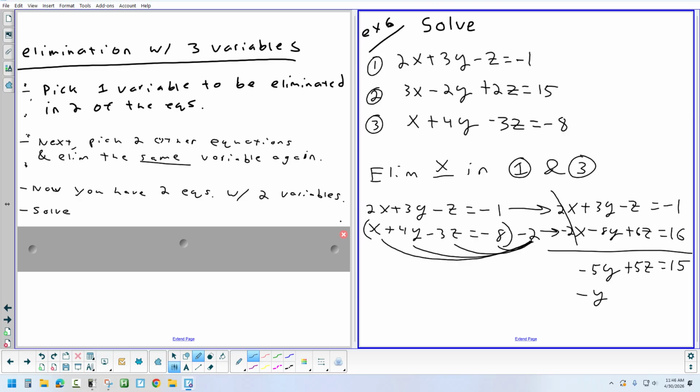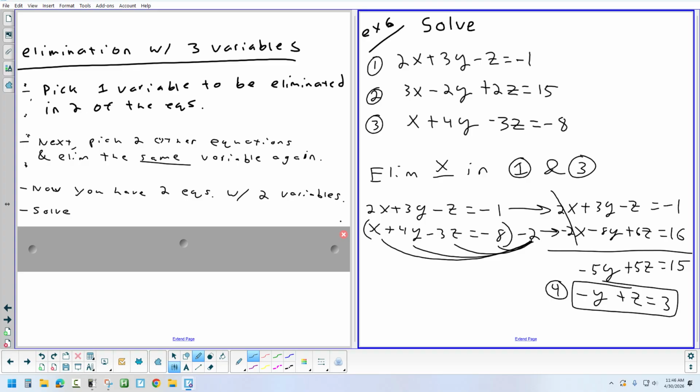It doesn't really matter. Yeah, I'll just do +5. So that's going to cancel a 5 from everywhere. And that is my new equation. I'm going to call that equation 4. Okay? -y plus z equals 3.